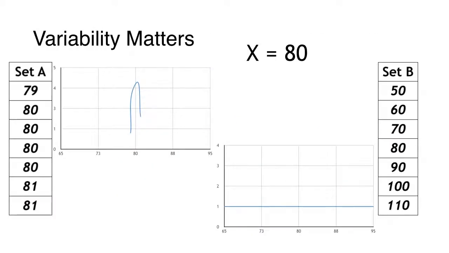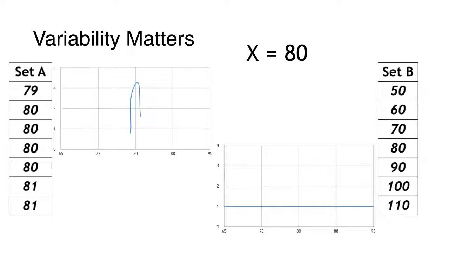You've got to keep in mind that variability matters. Look at these two sets of scores. Both of these sets have a mean of 80. But on the left with set A, the range went from 79 to 81. So the scores were very tightly clustered, really high kurtosis here.